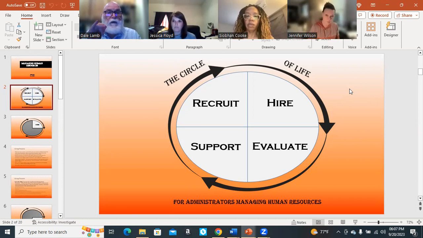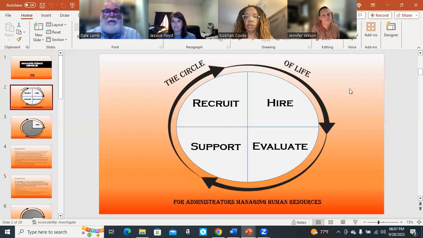Now I'm going to go through this real quickly because we're going to talk about this more specifically in the second half in terms of the legal part of it. That's going to be one of your activities in the 603 part, is to go to your HR department and find out what is the hiring process in your district. Now you say, but Dale, there's 11 functions. Don't make me take my shoes off. Imagine I've got two hands.